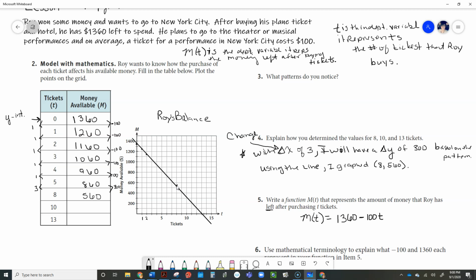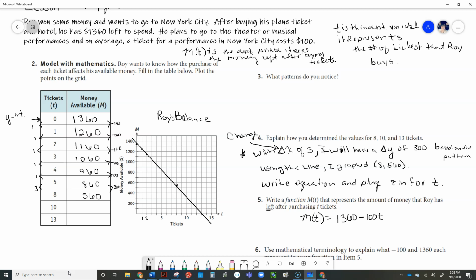And then like I said, we cheated and we wrote the equation first, but you've got enough information right here to say, okay, here's my y-intercept. My slope is changing 100. So if you write the equation, you could plug 8 in for t.